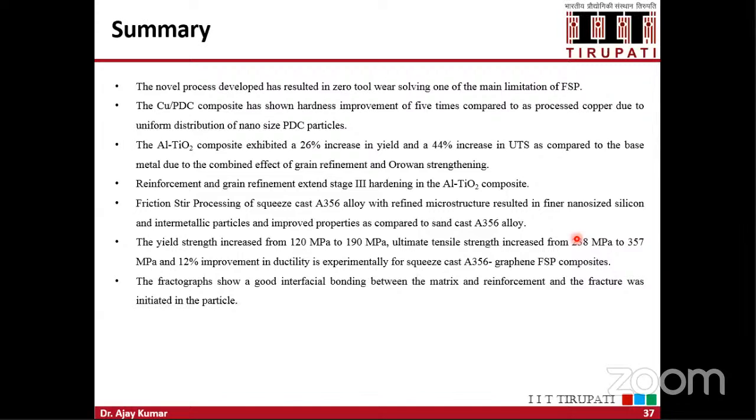If I summarize the work, a novel process was developed which has resulted in zero tool wear using this FSP process, and we have developed the copper PDC composite, aluminum TiO2 composite, and A356 alloy reinforced with GNPs. So these are the components which we have developed.